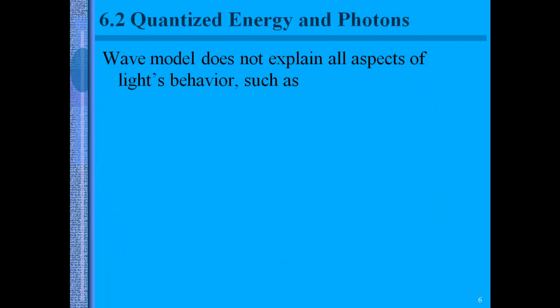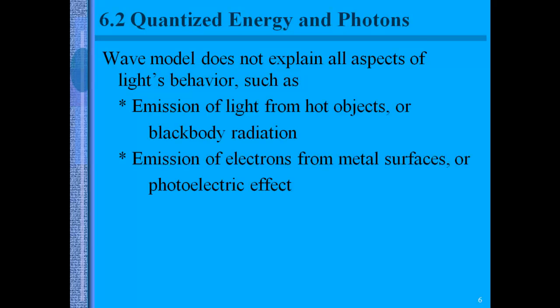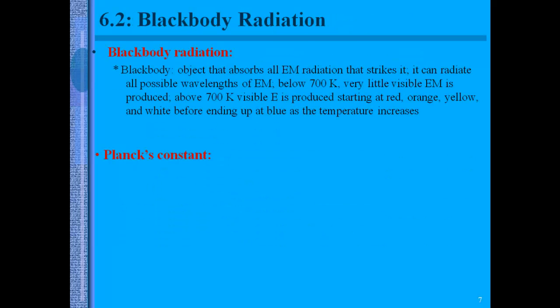Now the wave model will not explain all aspects of light's behavior. So things like black body radiation, the photoelectric effect, or the emission spectra will not be explained by a wave model. Black body radiation involves objects absorbing all electromagnetic radiation that strikes them, but they will only produce certain visible light at certain temperatures.